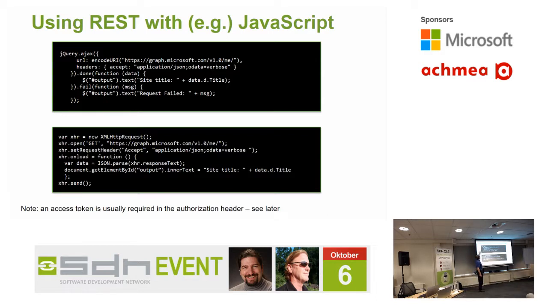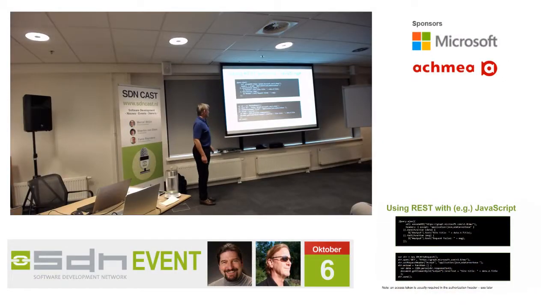Some people use the jQuery Ajax method, which is one way of doing it. There's a native JavaScript function if you don't want to take a dependency on jQuery, which used to be the norm, but now it's perhaps not quite so essential. There is a native JavaScript API we can use, XHR, XML HTTP request.